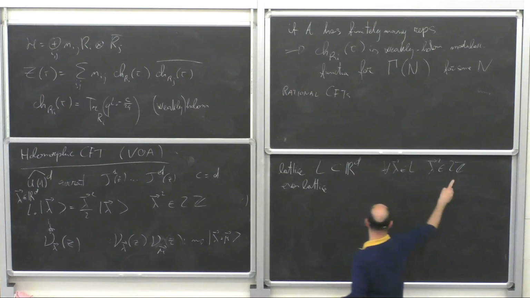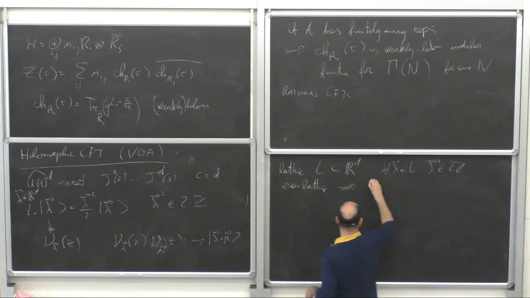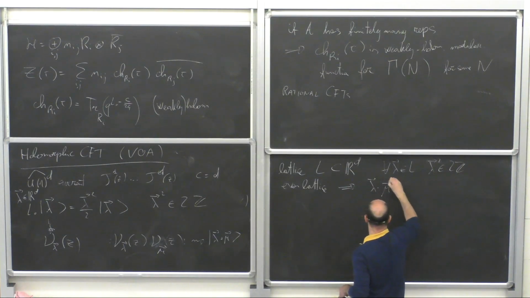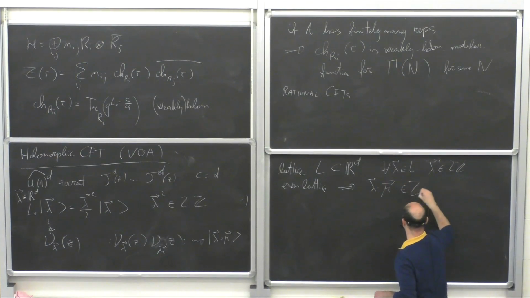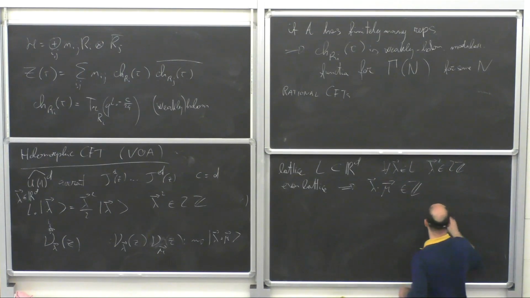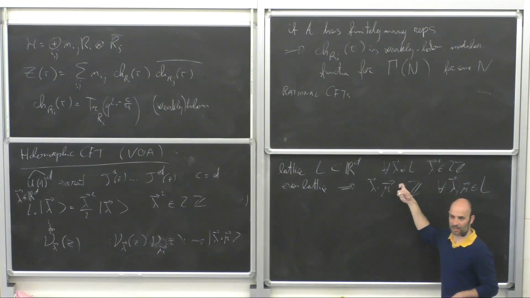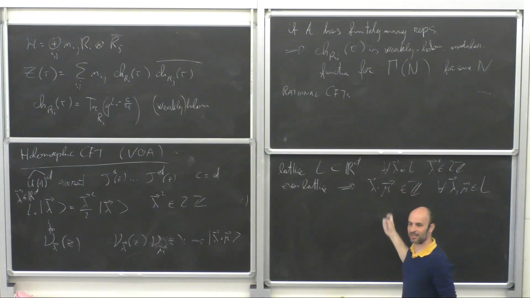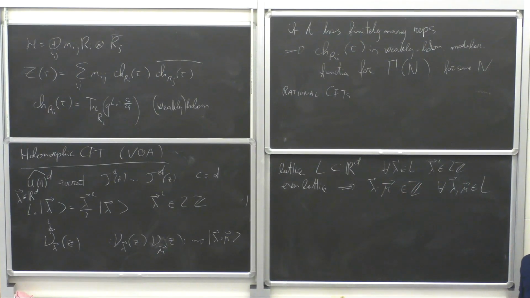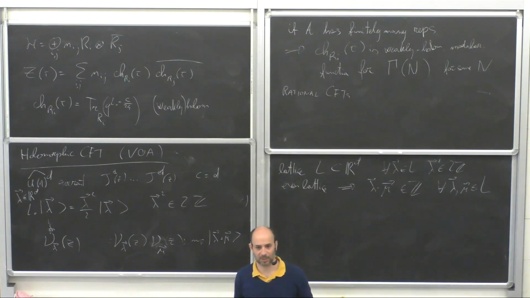And this condition also tells you that if you take the scalar product of any two vectors, it must be integral. Because if lambda squared is integral, mu squared is integral, and the sum squared is integral, then lambda dot mu must be integral. So if all norms are even, then the scalar product must be integral.